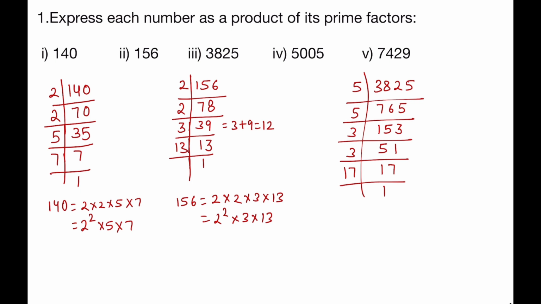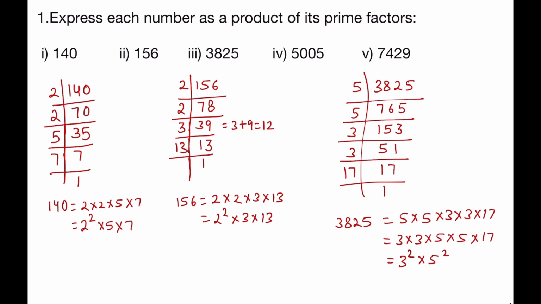So prime factors of 3825 are 5 into 5 into 3 into 3 into 17, or we can write them in ascending order like 3 into 3 into 5 into 5 into 17, or we can say 3's power 2 into 5's power 2 into 17.